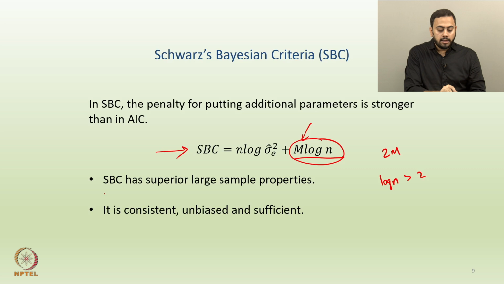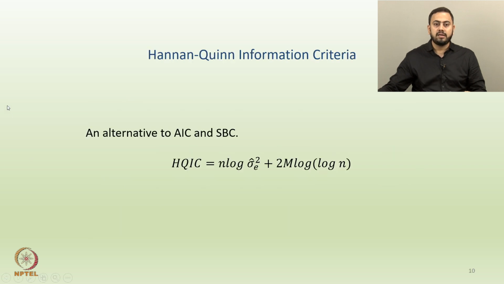A couple of other things: SBC has superior large sample properties, and SBC is consistent, unbiased and a sufficient kind of estimator. So, people actually use either AIC or SBC when it comes to choosing a model based on some information criteria. And we will discuss very quickly the third one, which is HQIC or Hannan and Quinn.